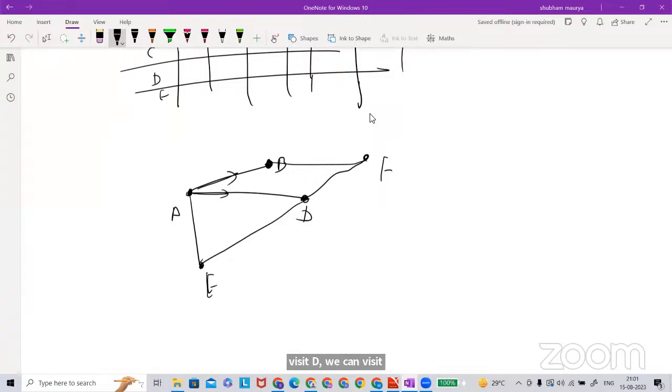So from A I just reach B and start exploring.